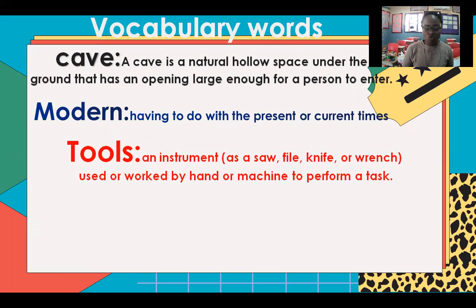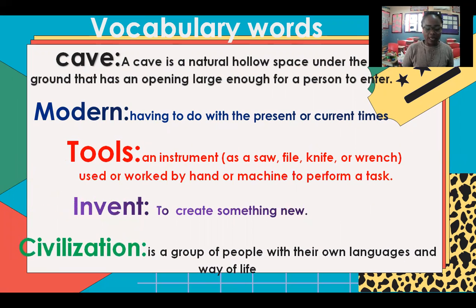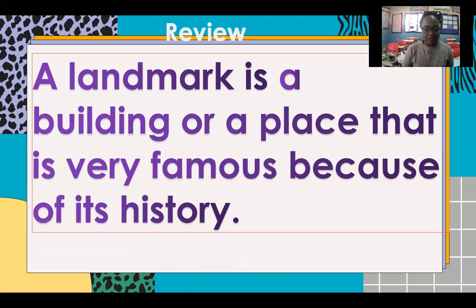Tools: an instrument used or worked by hand or a machine to perform a task, for example, like a knife, a saw, or a wrench. Invent simply means to create something new. Civilization is a group of people with their own languages and way of life.